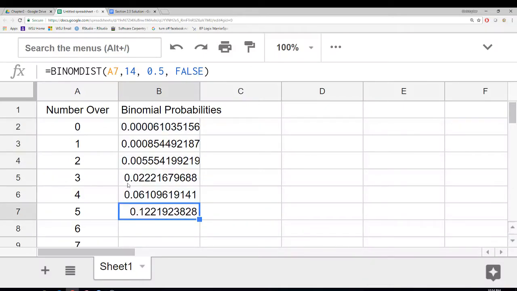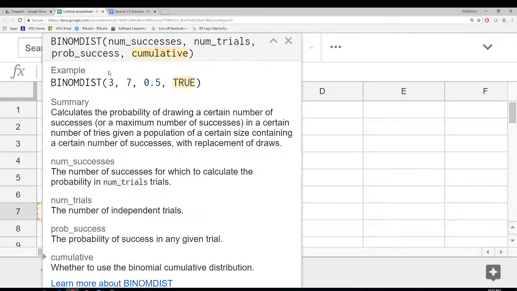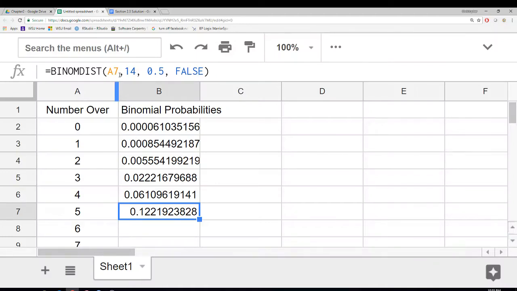If we look at the formula in this particular cell, notice that the function reads BINOM.DIST A7 now. It's using A7 because I'm computing the probability for having 5 males that are over.